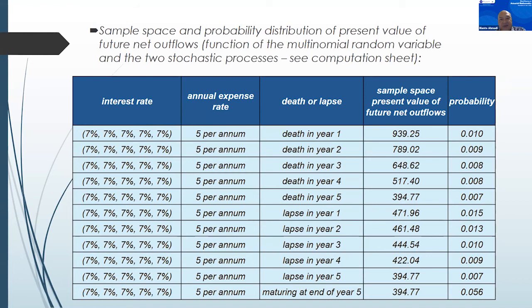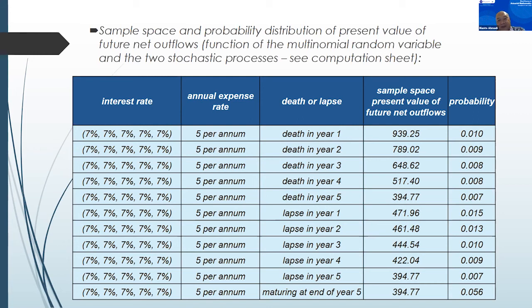If it's lapse in the third year, then you use the cash value of the third year and present value that using 7% or 13% or 10%, and applying also the annual expense rate.